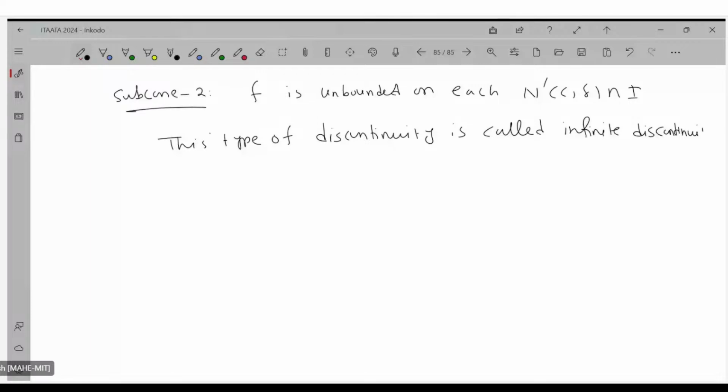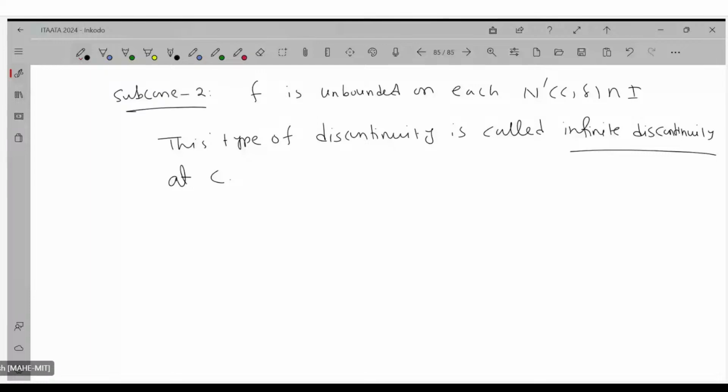At C. Now there are two possibilities under this because f is unbounded. It might be possible the limit is equal to infinity. So there are two more possibilities.